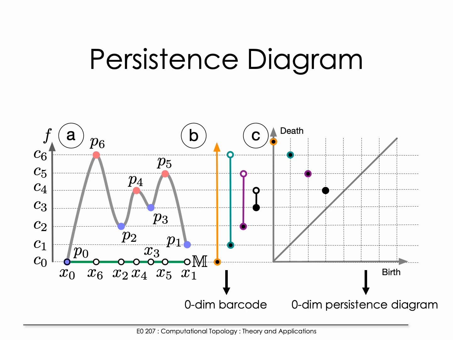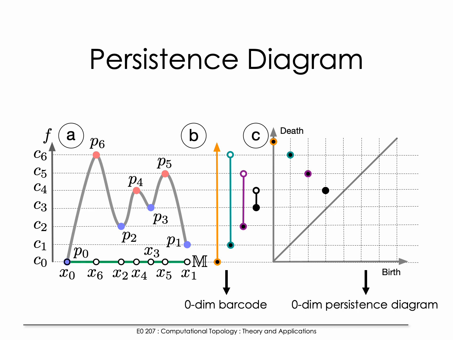These are the different critical points, including the boundary points. C sub i are the critical values, and P sub i are the critical points. X sub i are the points on the domain corresponding to these critical points.